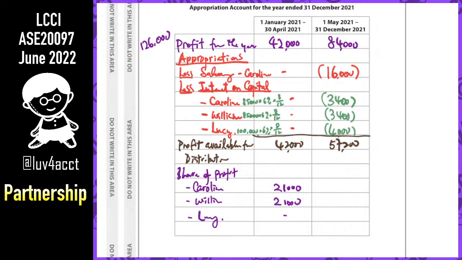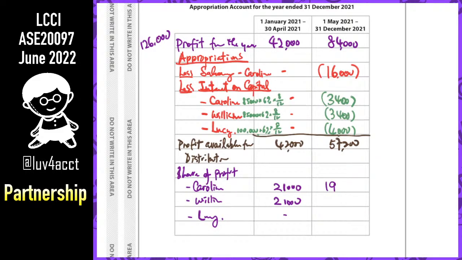Then 57,200 divided by 3. It is not a whole number, and that's why I want to explain.